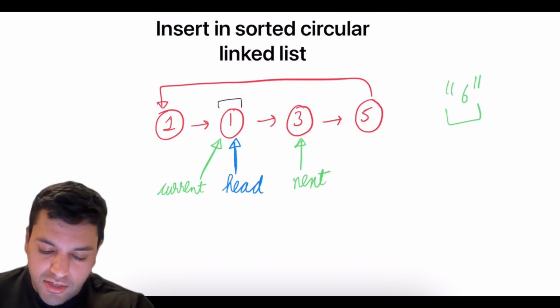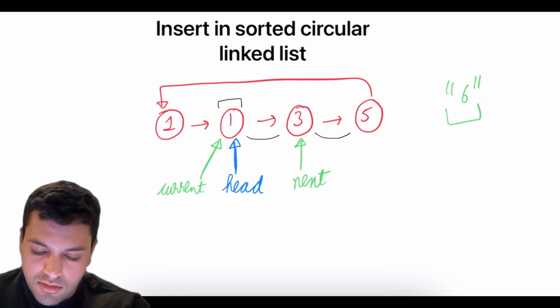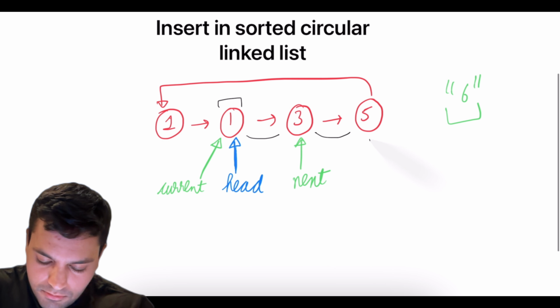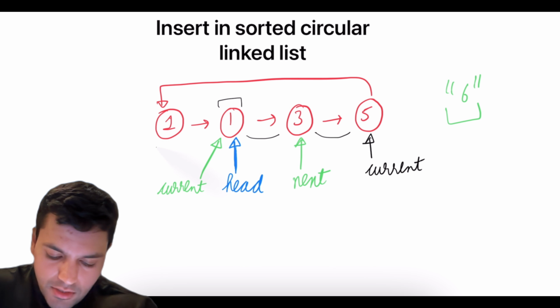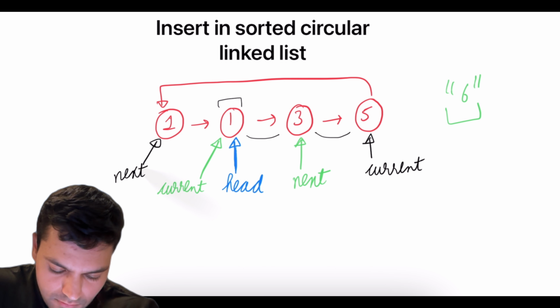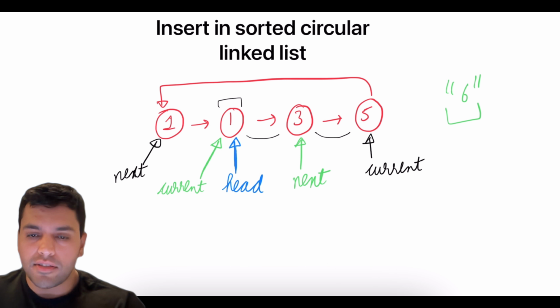And so we check, does 6 fit here? The answer is no. Does 6 fit here? The answer is no. And now we come to node 5. So our current would be at node 5 and next would be at node 1. So can we insert this value 6 here?